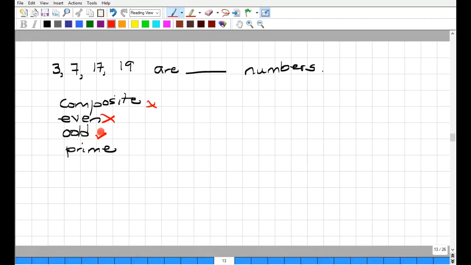But above that, the best description would be that they are prime. 3, only 1 and itself. 7, only 1 and itself. 17, only 1 and 17 as factors. 19, 1 and 19 as factors. So the best description for those numbers would be prime.